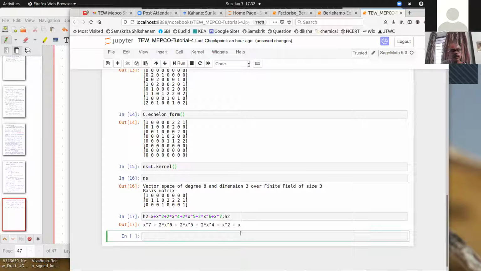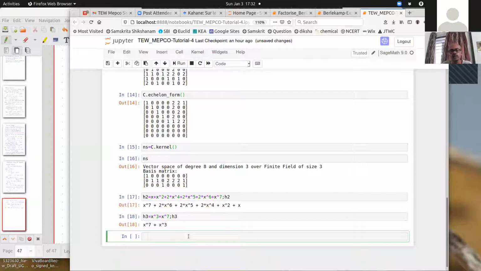And let's also write out the second one. So h3 is smaller. That has only two entries. So x to the 7 plus x cubed.